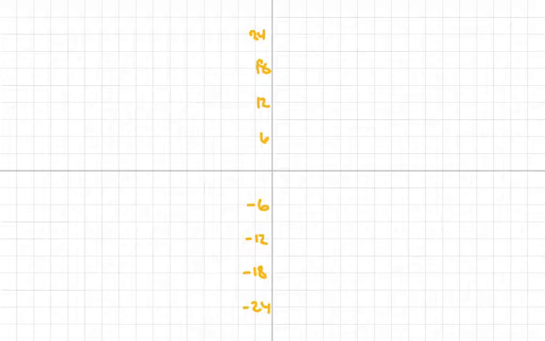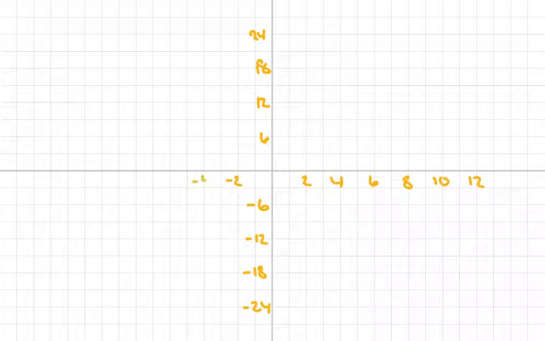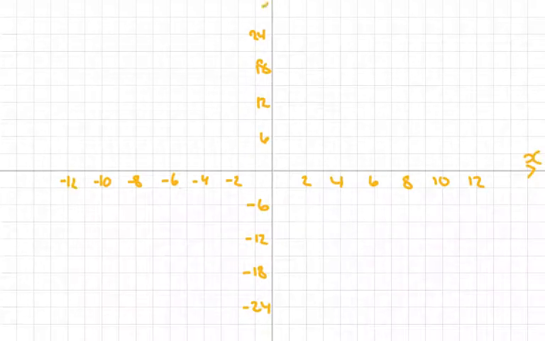And then on the x-axis, I want to go up to at least 10 and negative 10, so I'll just go up by 1s. Don't forget to label your x and y axis.